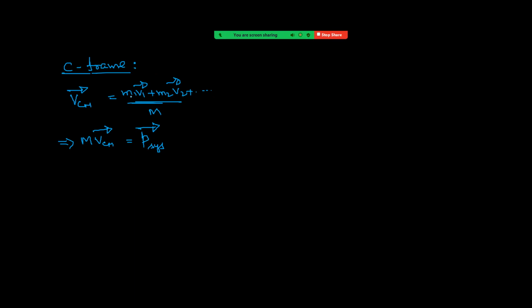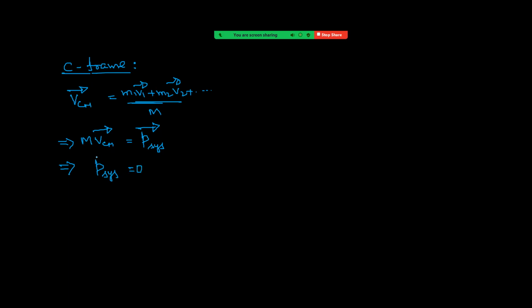So now we are saying, with respect to center of mass, C frame means solving from the center of mass frame. In the center of mass frame, velocity of center of mass is 0. I am repeating, in the center of mass frame, velocity of center of mass is 0, right? That means VCM is 0, which means momentum of the system is 0.